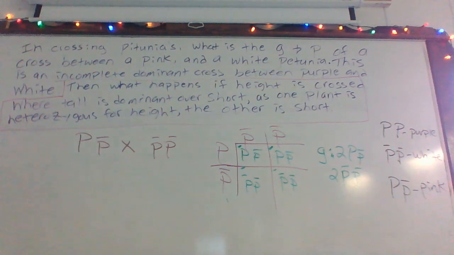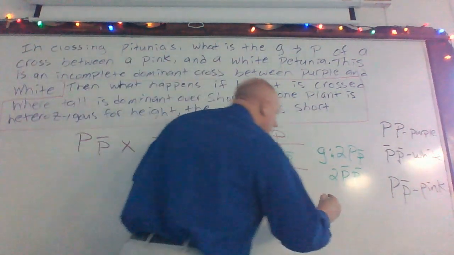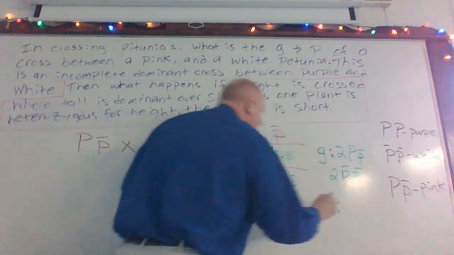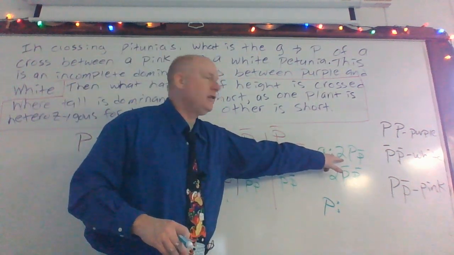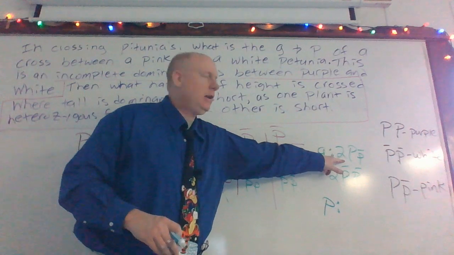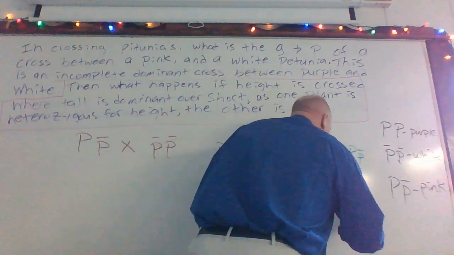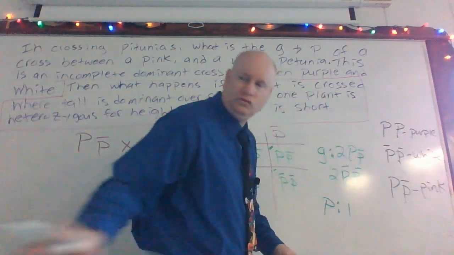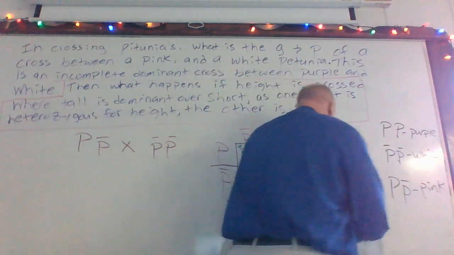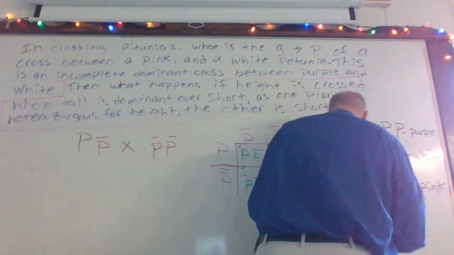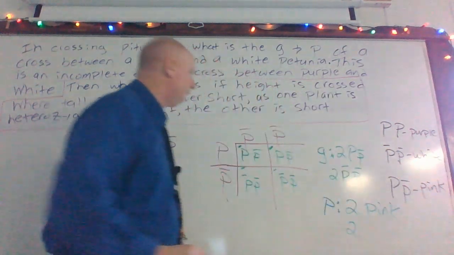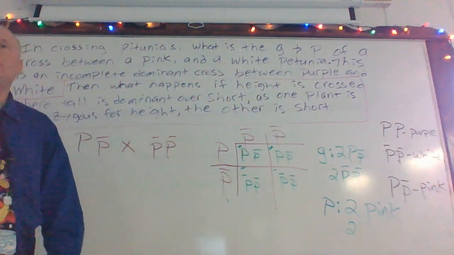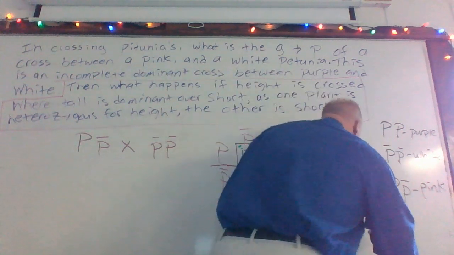So, what that means then, the phenotype. In other words, two of these are going to be what color? Pink. Two pink. And then what's the other one? Two white.